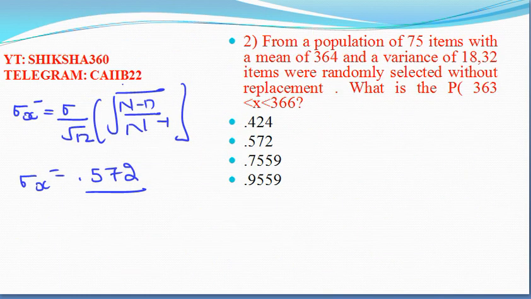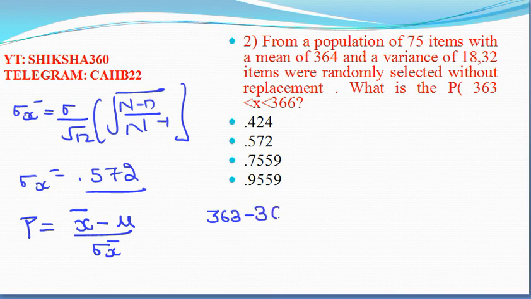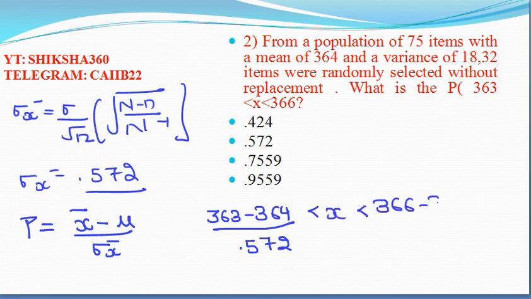Now move to the next point, Z. Z is equal to x bar minus mu upon sigma x bar. Here we have to calculate two things: first, 363 minus 364 upon 0.572, and second, 366 minus 364 upon 0.572.